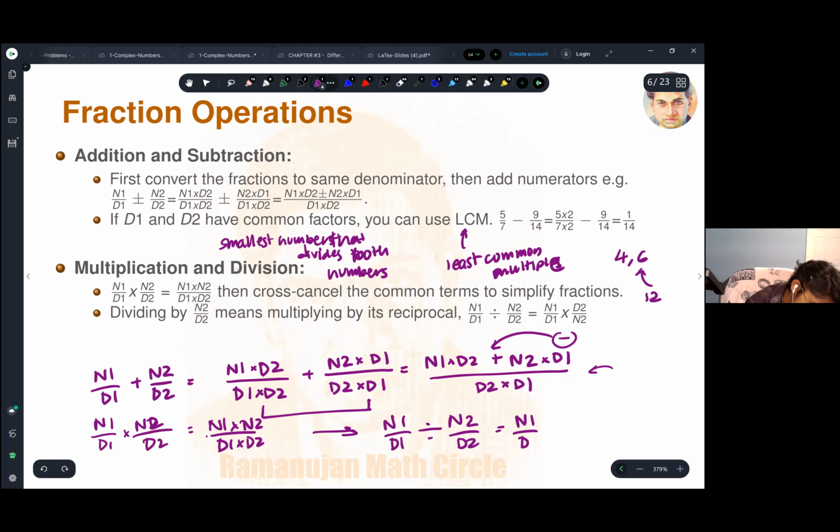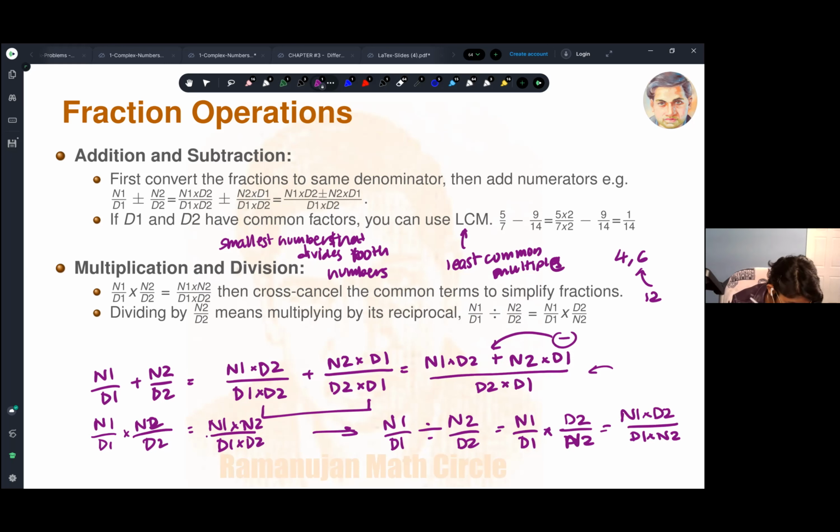So you go n1 over d1 times d2 over n2, and then it's just normal multiplication. So remember you have to flip the second fraction, meaning take the reciprocal of it, which is the more mathematical terminology.